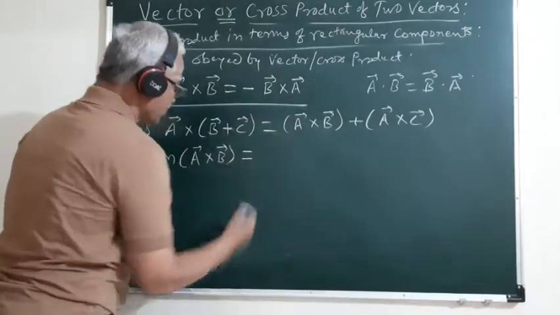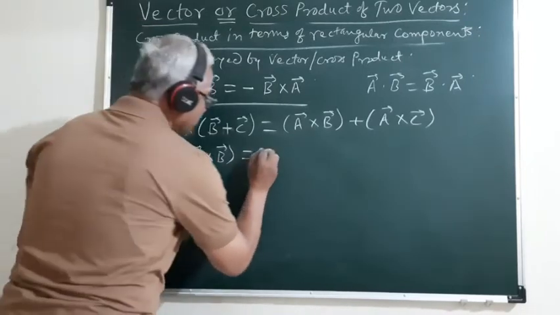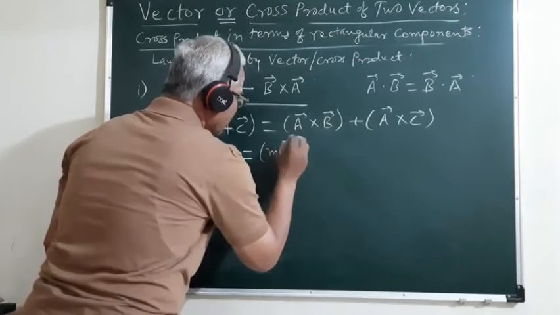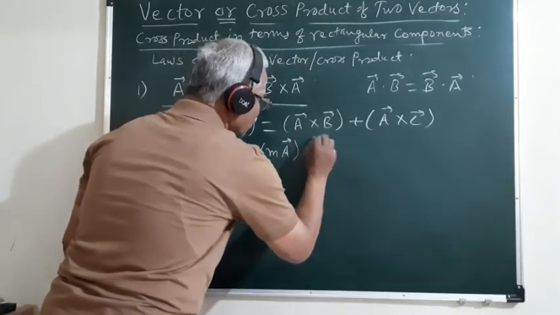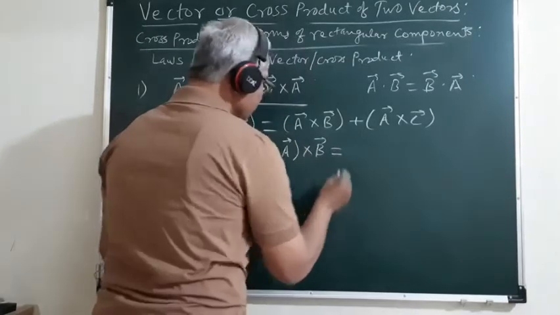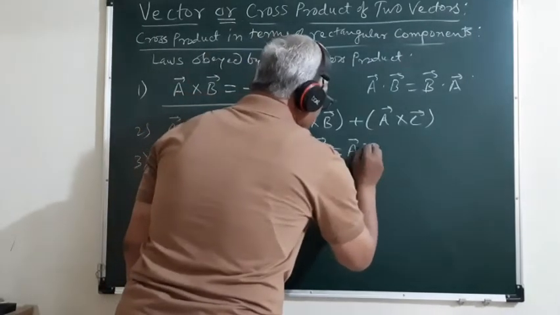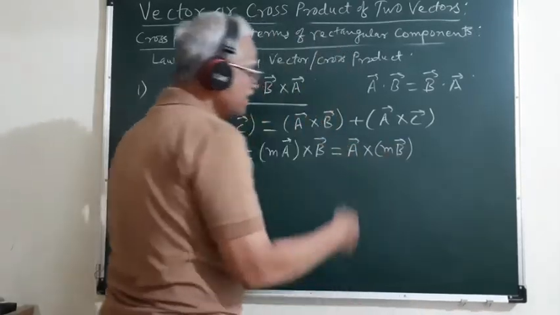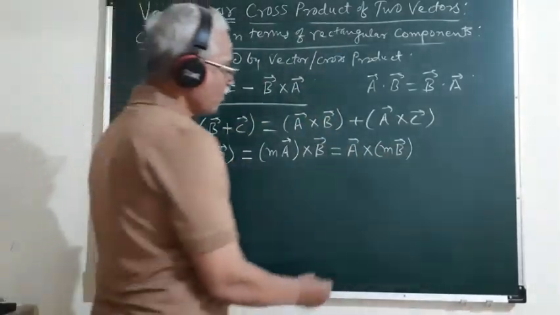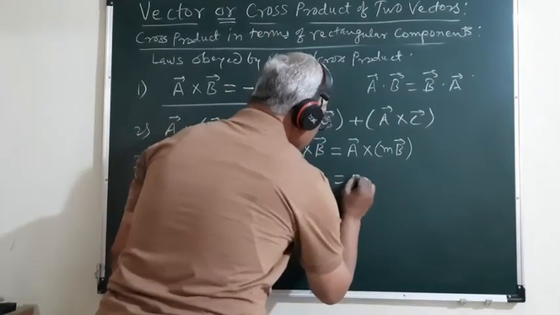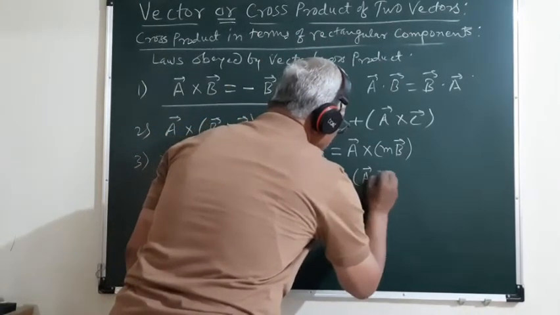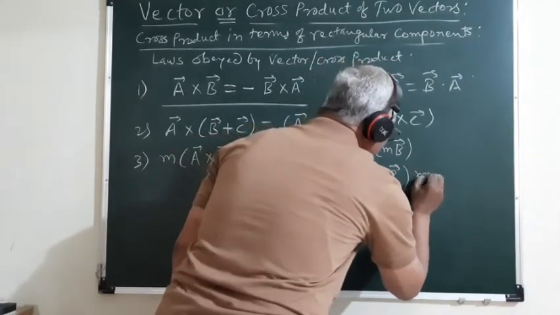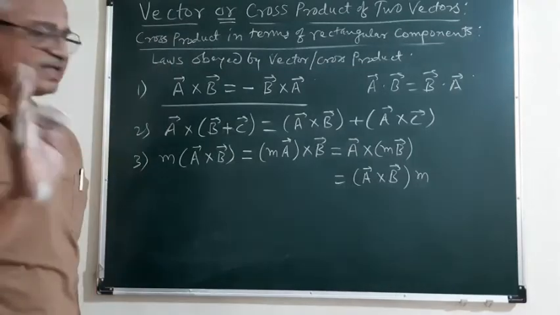This product can be obtained either by multiplying the given scalar first to the first vector A bar and then taking the cross product with B bar, or else first multiplying the scalar to the vector B bar and then taking the cross product with A bar, or we can first evaluate the cross product of A bar and B bar and then multiply this cross product by the scalar m.